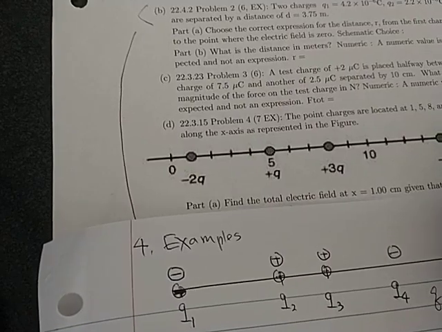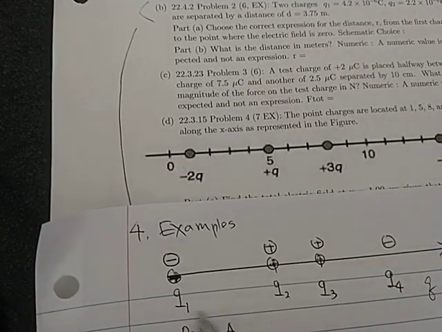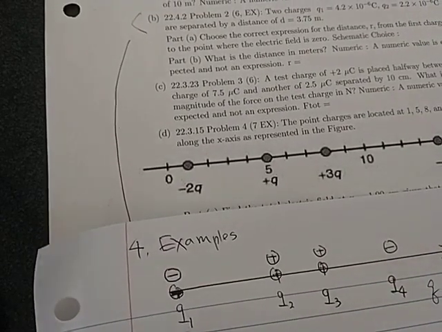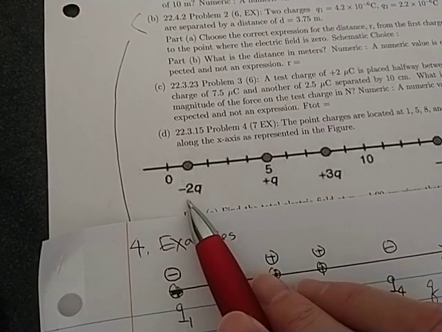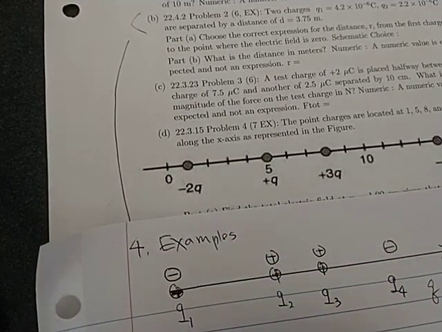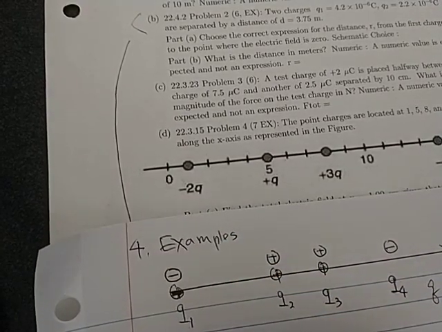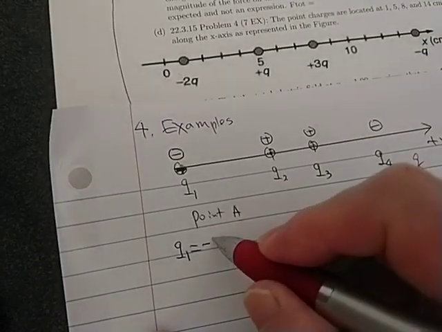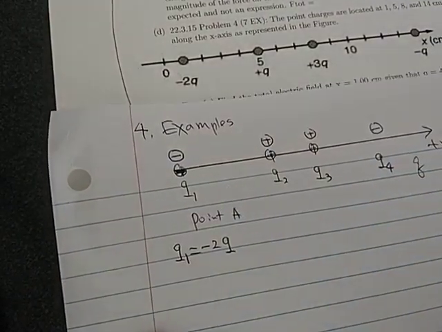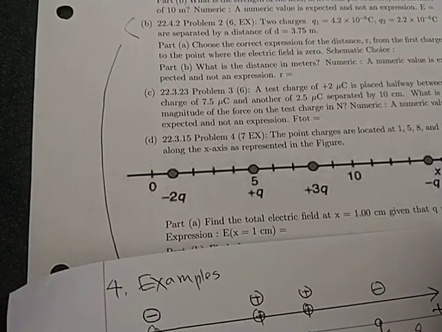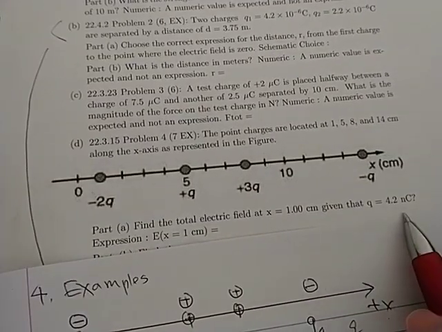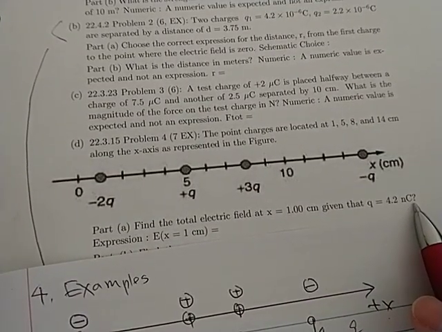Okay, so let's look at how large each of these charges is. We were given negative 2q, so therefore my q1 equals negative 2q, but q itself equals 4.2 nanocoulombs.